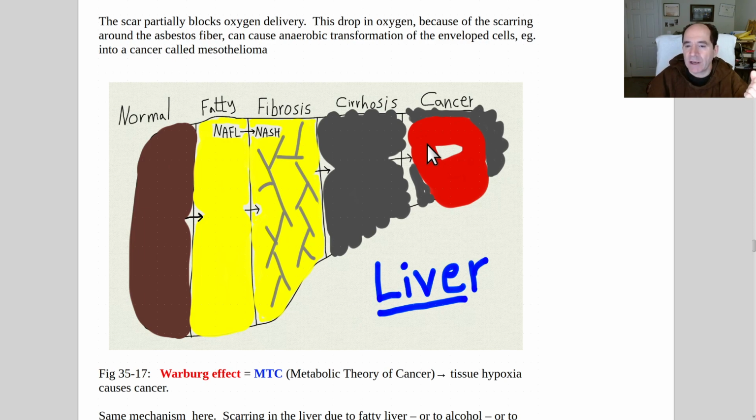Okay, and I just gave a lecture recently where I gave my Western abdomen lectures, and I talked about the pancreas getting the same phenomenon. You can get inflammation in the pancreas, chronic pancreatitis. Also, you can get it from fatty atrophy of the pancreas with type 2 diabetes.